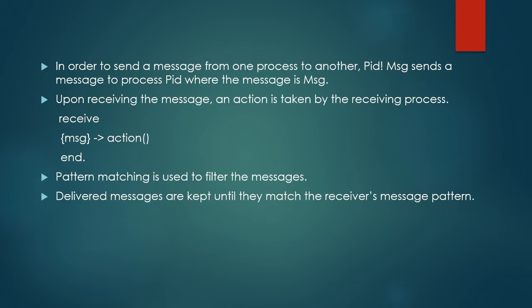Now let us discuss the syntax for sending messages in Erlang. For example, if process A wants to send a message hi to process B, then the PID of process B with an exclamation mark followed by hi will send a message to process B, where the message is hi, and upon receiving the message an action will be taken by the receiving process.